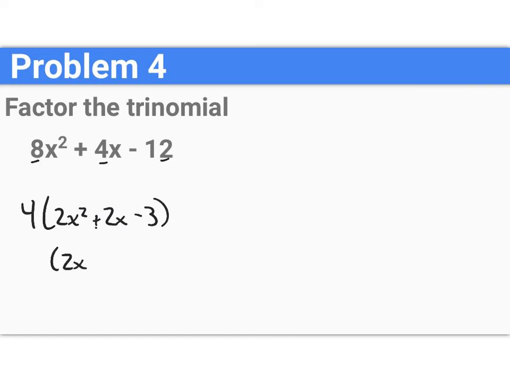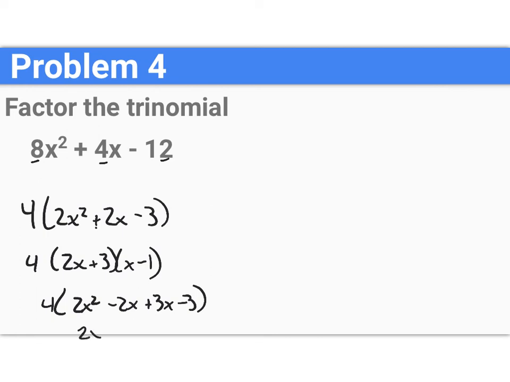So let's try 2x plus 3 and then x minus 1. Let's see what we get with a 4 on the outside. So 4 times 2x squared, outers minus 2x, inners plus 3x minus 3. This gives us 2x squared plus 1x minus 3. That one didn't work.